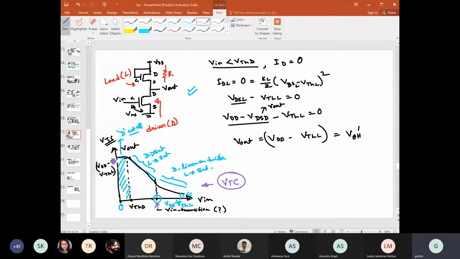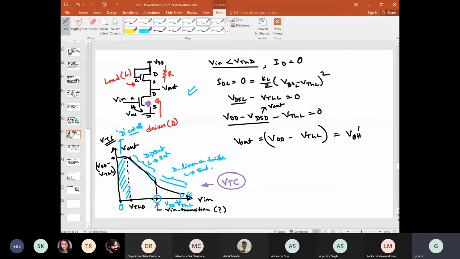First thing is that VOH dash is lower than VDD by one threshold. At the same time, this VOL dash is also not reaching zero. And there is a transition when both transistors are in saturation, and this transition also depends on the transistor parameters of this load and this driver.